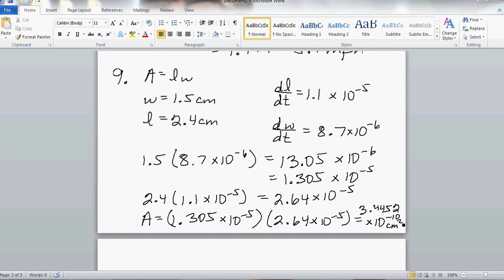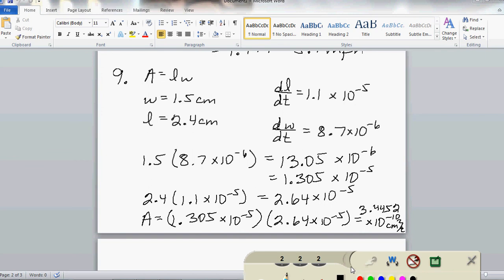Square centimeters for every degree Celsius. So 3.4452 times 10 to the negative 10th, and that's square centimeters for every degree Celsius that we go up.